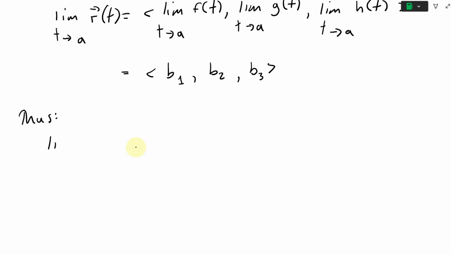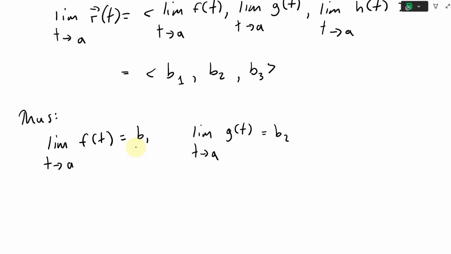So we are going to have the limit as t approaches a of f of t is equal to b1, the limit as t approaches a of g of t equals b2, and finally the limit as t approaches a of h of t equals b3.